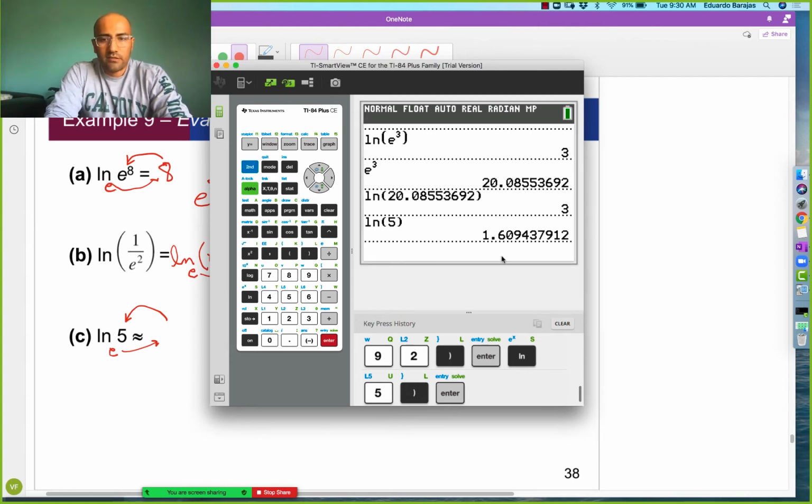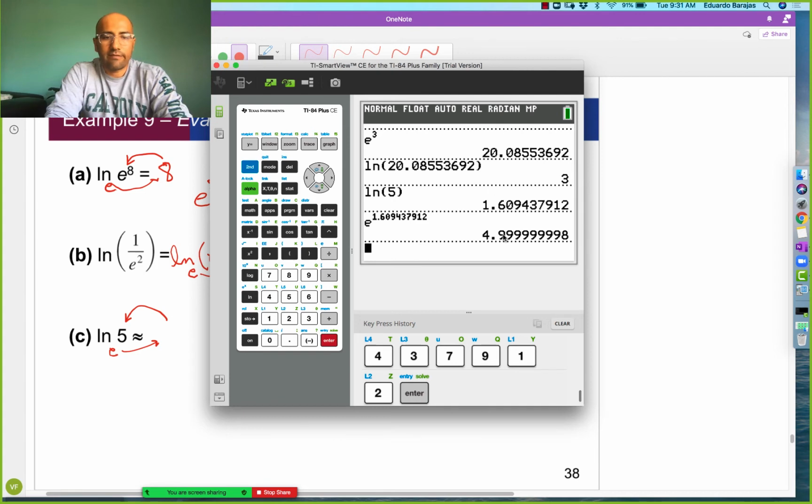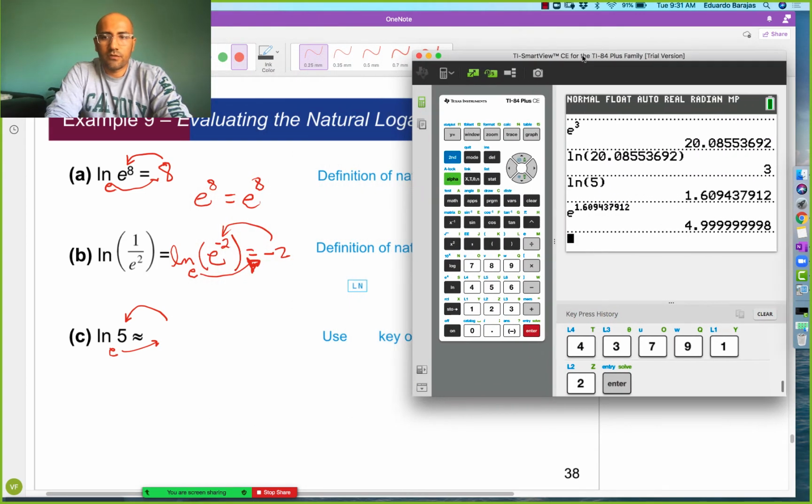And if it works, then it should have the property that e raised to the power of this decimal should be pretty close to 5. 1.60943791, enter. Pretty close to 5. Good. Questions?